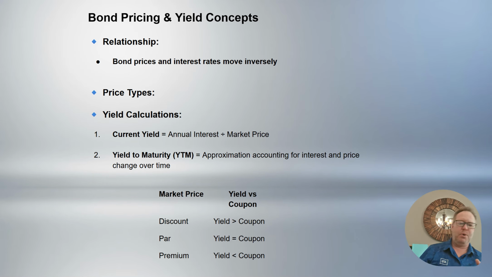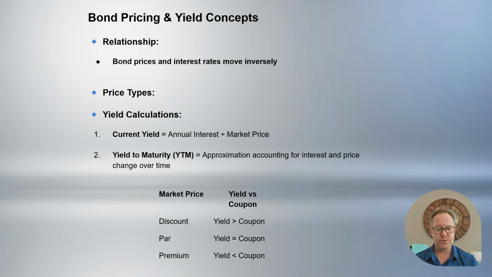If you have purchased a bond at par, say $1,000, and interest rates decrease as you own that bond, your bond will start to sell on the open market for higher than what it was worth before, higher than $1,000. It might get up to $1,005, $1,010, $1,100, depending on how low interest rates continue to go.